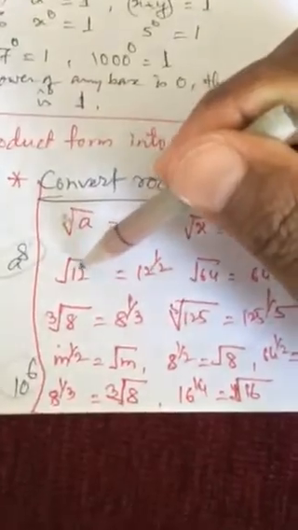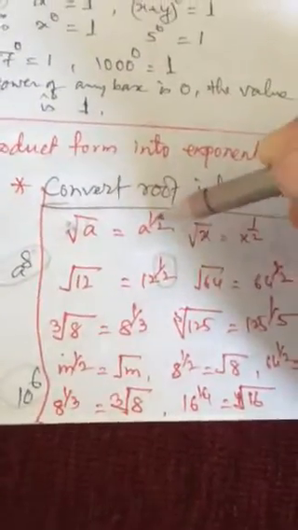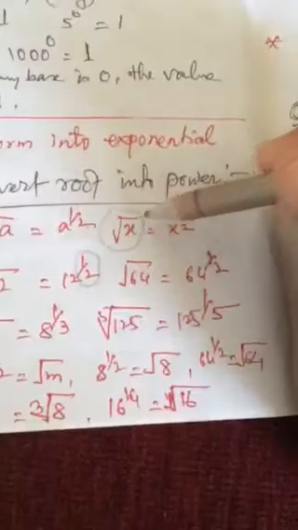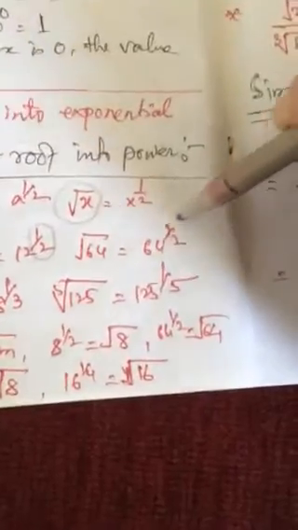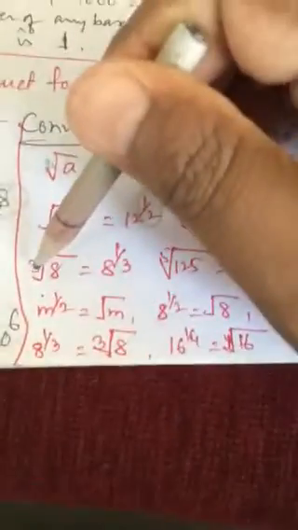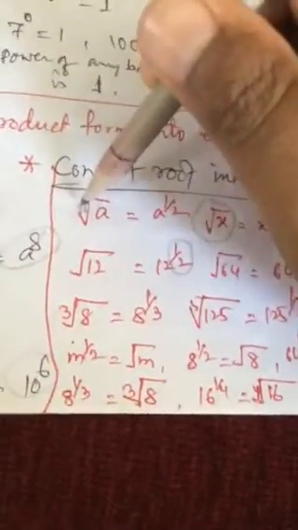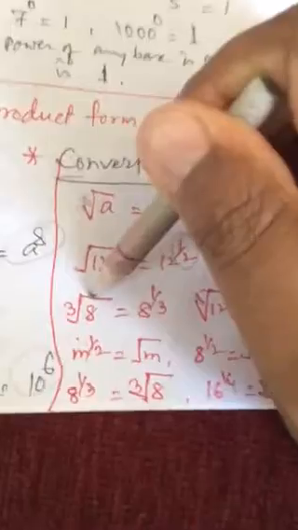Similarly, root 12 means 12 to the power half. Here x to the power half is square root x. Square root 64 is 64 to the power half. Now like I have told you, 2 root is called square root and 3 root is called cube root.